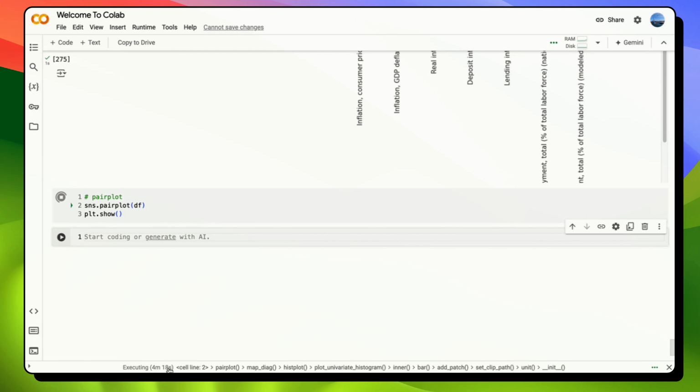So by looking at the functions that are being executed, it gives us some idea of what is happening under the hood.